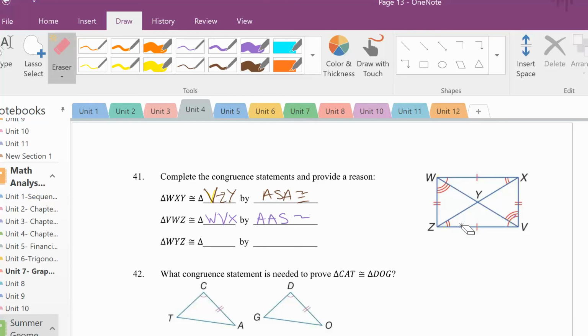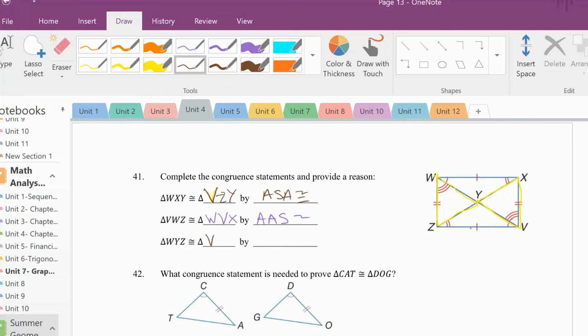So then next, the triangle WYZ here would be congruent to this one, so we just have to match up the letters. If it's W first, then it's going to be V next, because V and W match up.